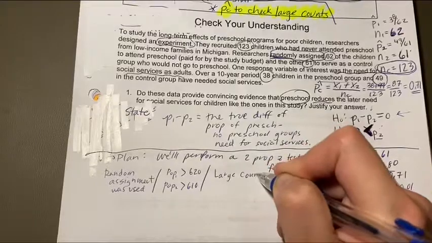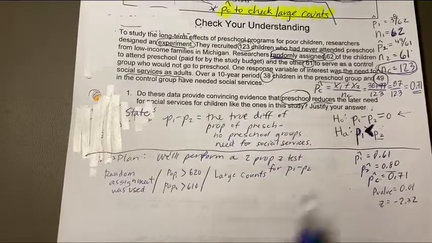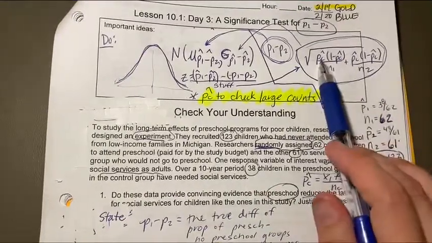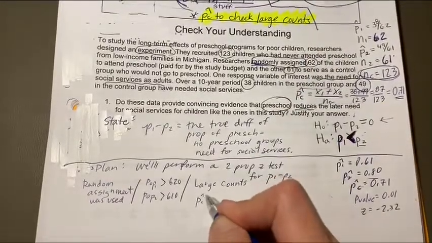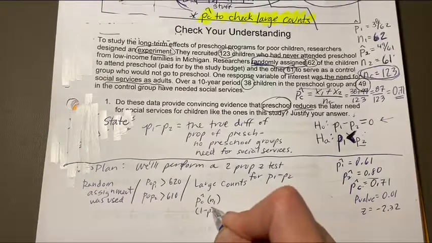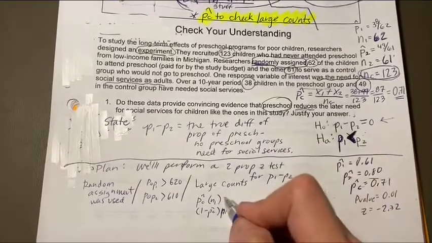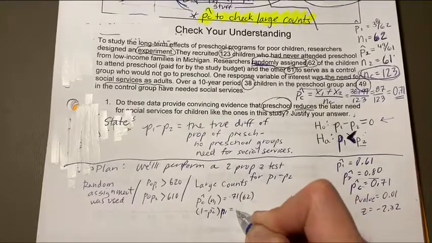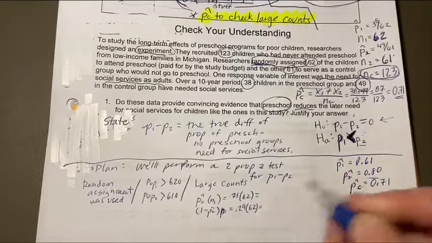And as we said, we actually have a combined proportion. So it would be more accurate if we combined it using this p_c. Okay, so what is it? p_c hat times n1, 1 minus p_c hat times n1. So what is that? 0.71 times the 62 people, 0.29 times the 62 people. So how many are we expecting?